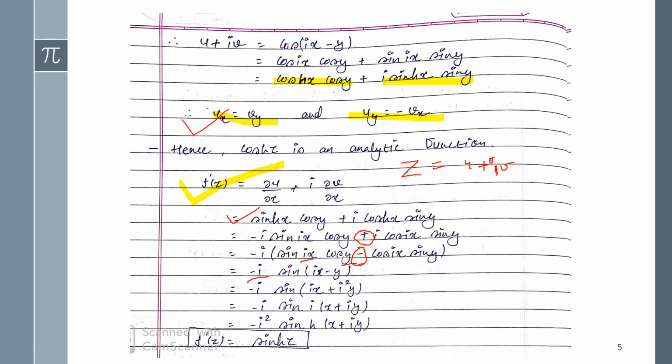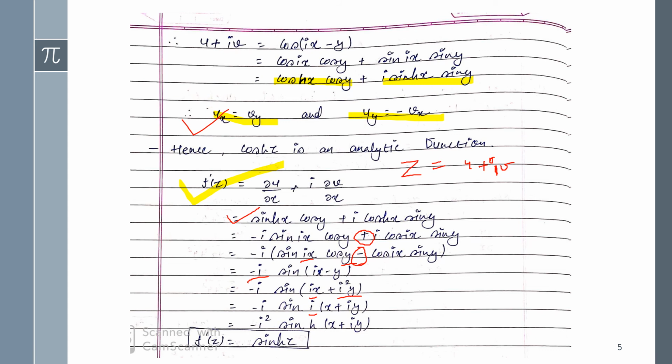Now from these two components you can take out the common one, i. So here I have taken i common, so into the bracket x plus iy. And now sin iy, then it will be i into sin hy. Again repeating, guys, sin iy, we can write its circular function into the hyperbolic, like i into sin hy.